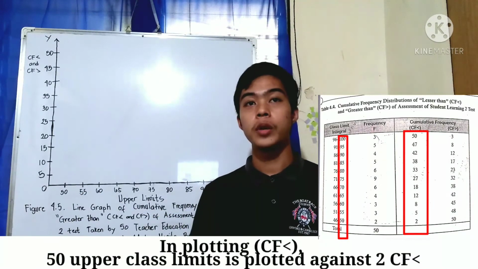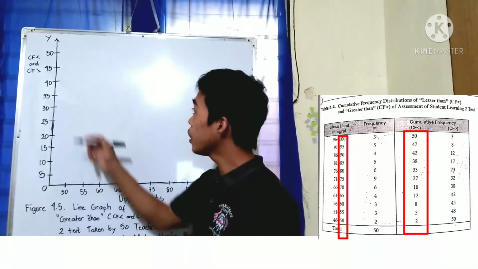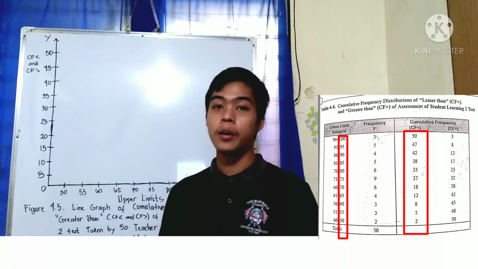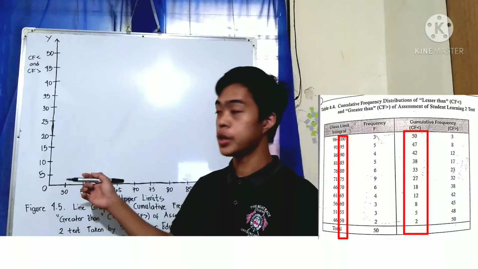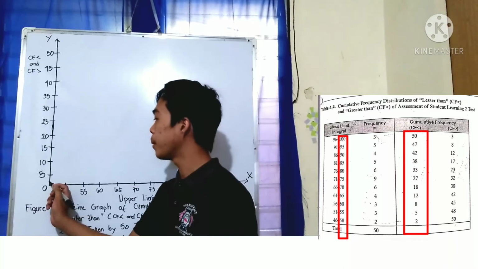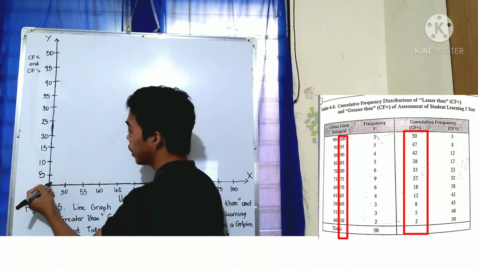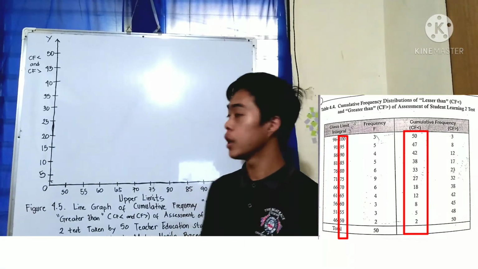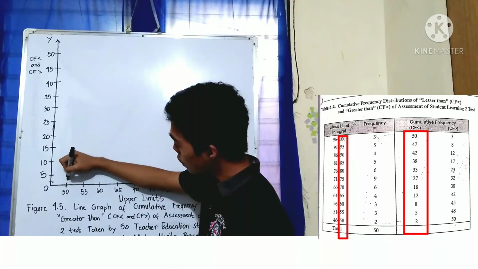On the y-axis, it is expected that there are imaginary numbers. For example, this is 5, so possibly that number 2 is right here. So we will plot the dot 50 against 2, right here.